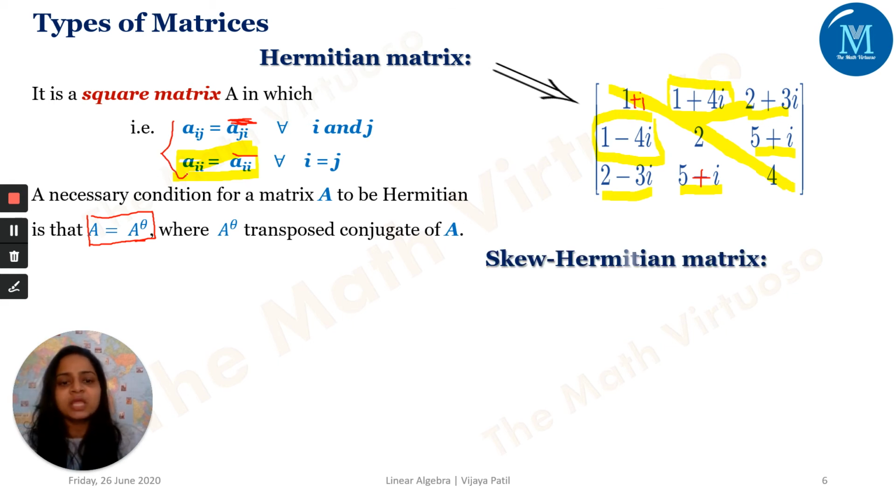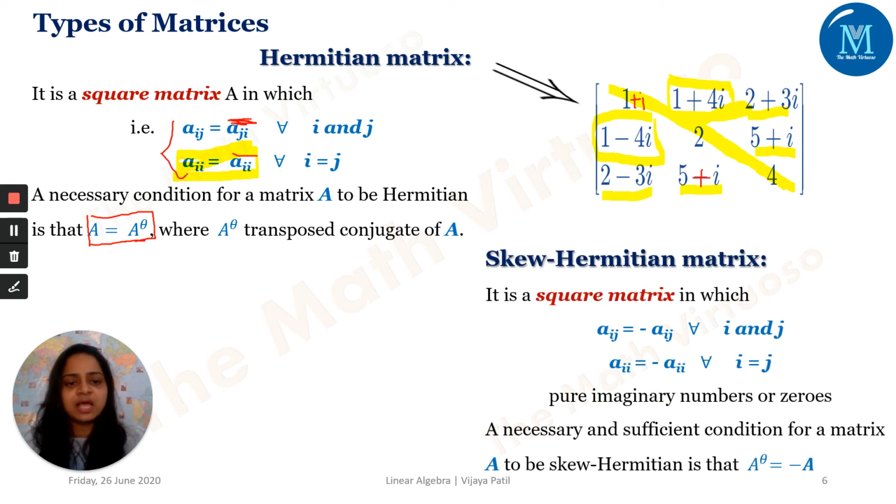Then there is the skew Hermitian, the same as what we have seen. Again, I think I have missed out a conjugate here. Please note it down. What we saw in the skew symmetric matrix, the same holds here: skew means negation of Hermitian.